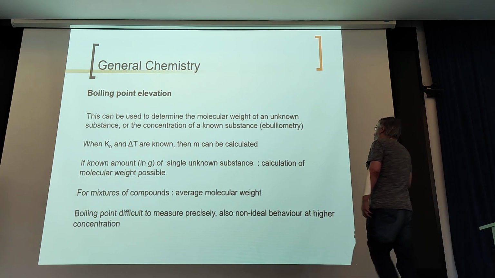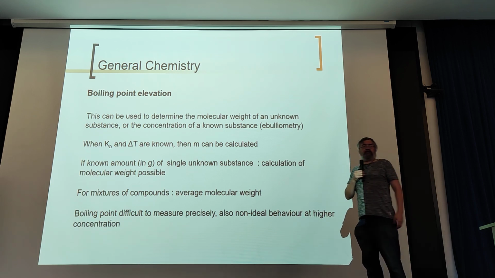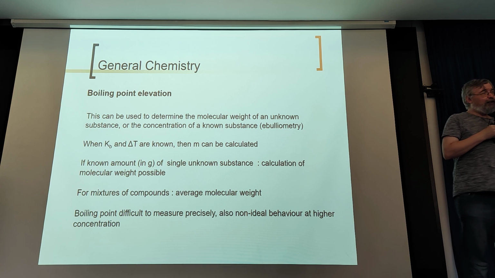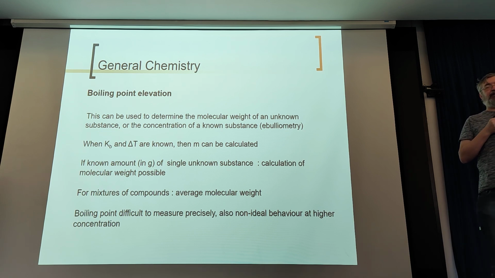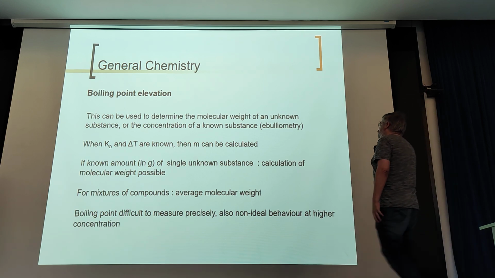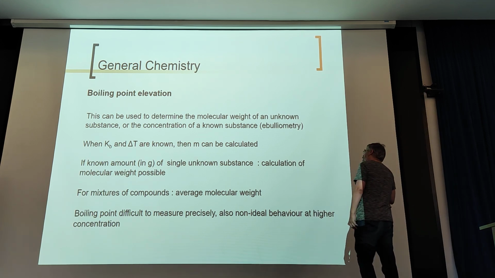And this is called ebullimetry, and it was used until about 100 years ago to calculate molecular weight. Now we have much better ways, a spectroscopic way and so on, to calculate molecular weights, but this used to be one method to do it.